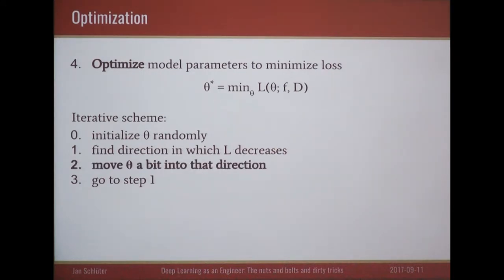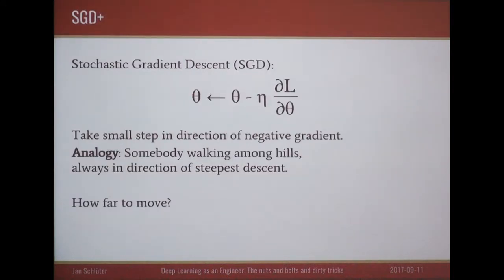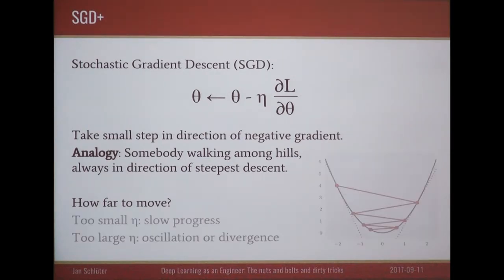Let's consider this step. What I explained before is called stochastic gradient descent, where we compute the gradient and then we take a small step in the direction of the gradient. Now the question is, how far should we move? Let's imagine we are in a parabola and we start somewhere here and we want to find the minimum.